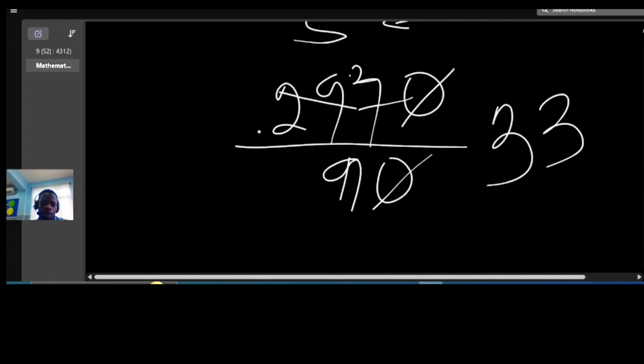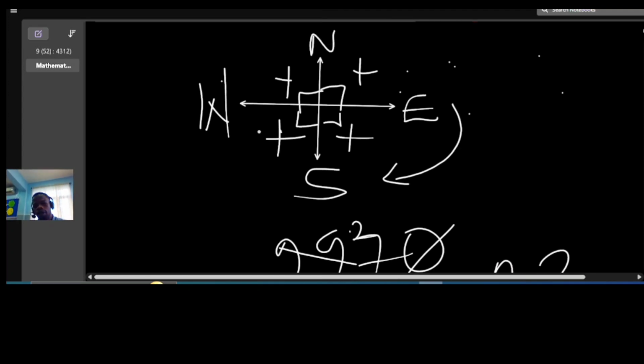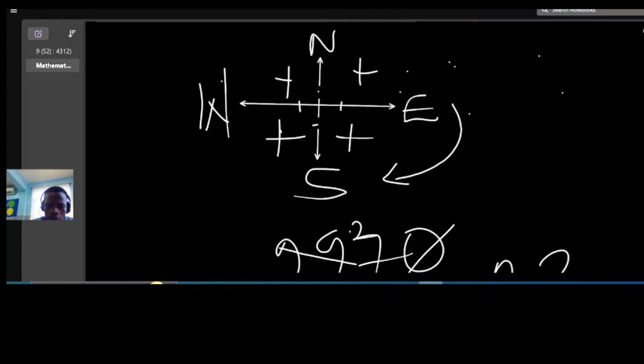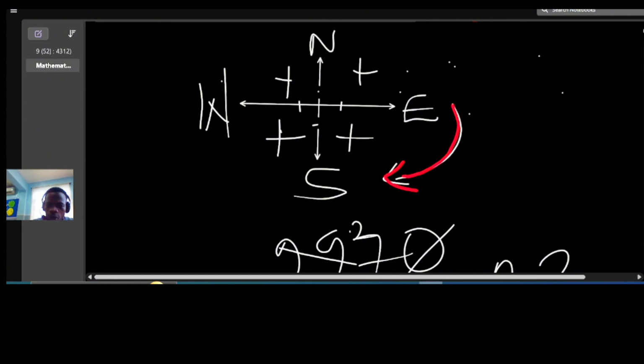That's the meaning of this. Now, let's look at it again. For each of these quadrants, it's already at this point. I want to explain something. This is where it is at the moment, at the east point, and it's meant to move now clockwise.